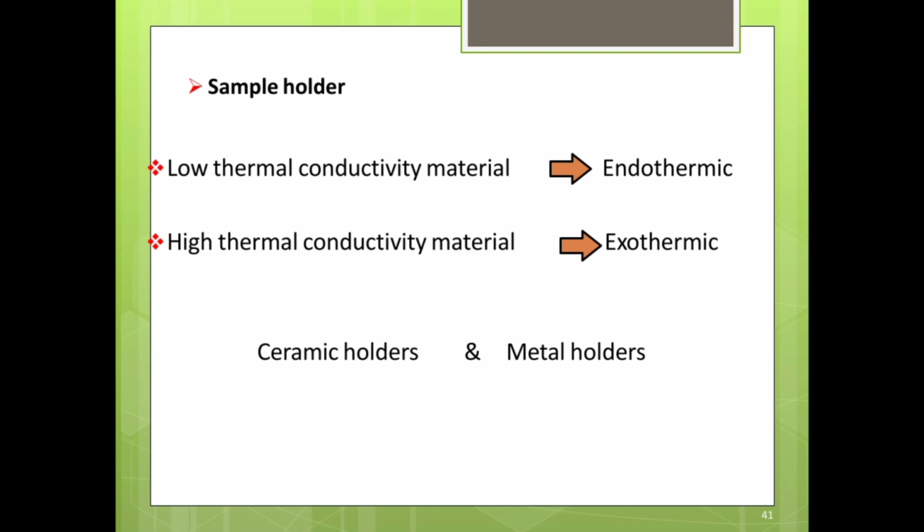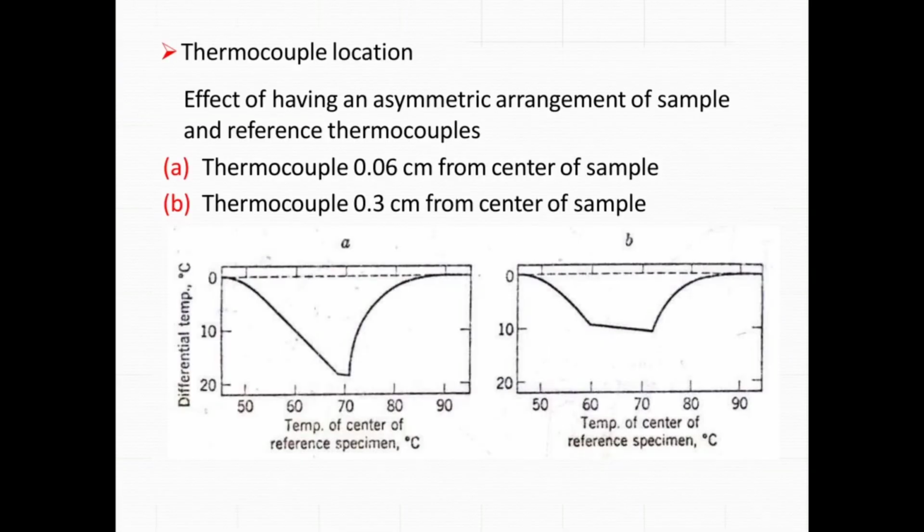Sample holder: low thermal conductivity material gives endothermic, high thermal conductivity material gives exothermic; made up of pyrex holders and metal holders. Thermocouple location: the effect of having an asymmetrical arrangement of sample and reference thermocouple. It should be placed at a proper distance.